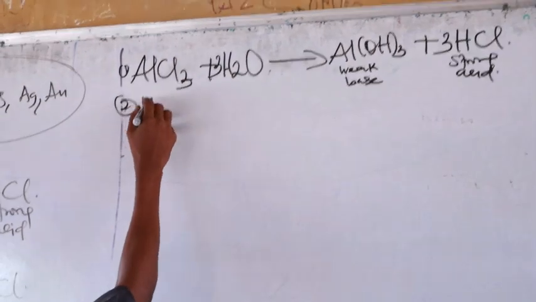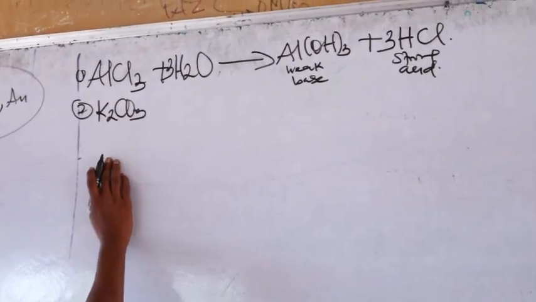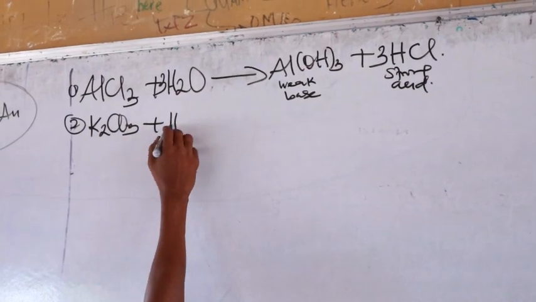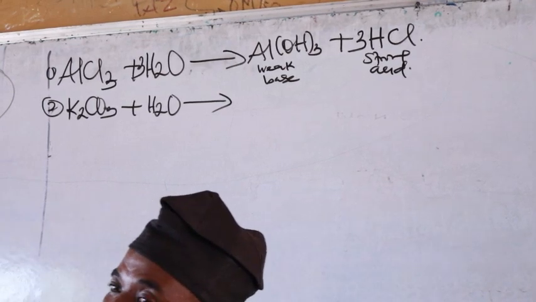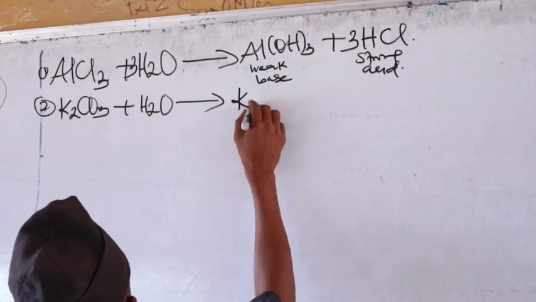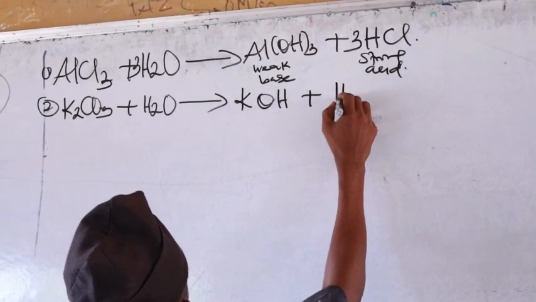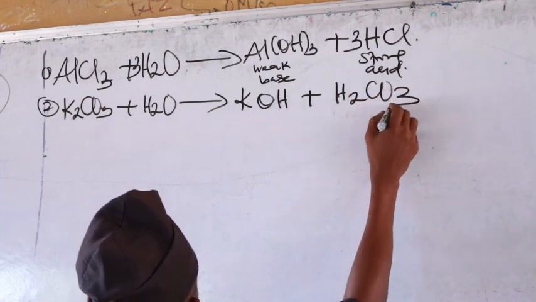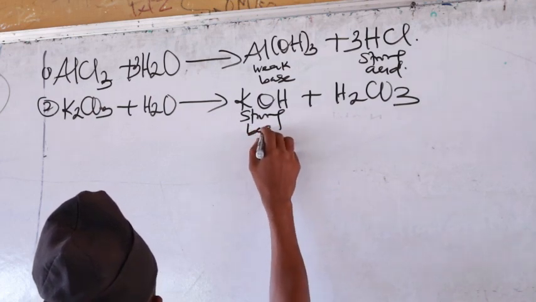Number 2, we have hydrolysis, that is when you have K2CO3 reacting with water. What will be the product of this hydrolysis? We have KOH plus H2CO3. This is a strong base.